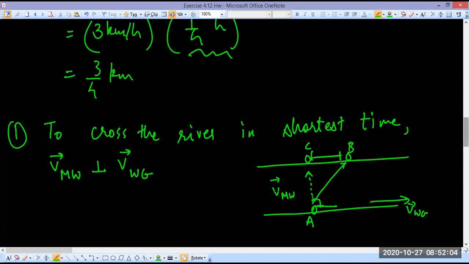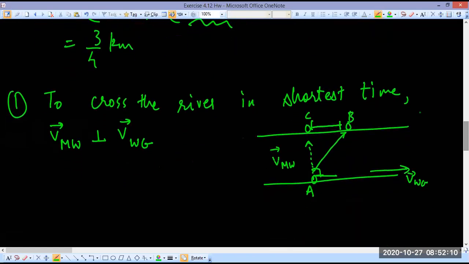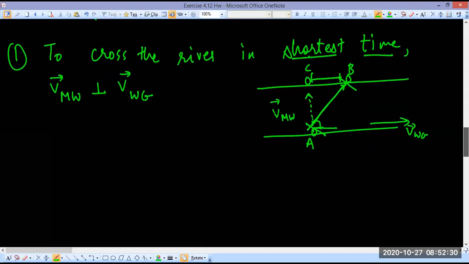Here you can't put 15 because units have to match, otherwise the calculation is wrong. So the person is crossing the river in shortest time, but this is not the shortest distance. I hope you realize that the person crosses from A to B, and this is definitely not the shortest distance, right?